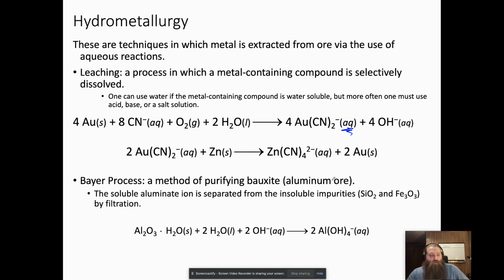Now, this involves something called a tailing pond. So what they do is they take these big concrete slabs. So this is concrete, and they pile up the ore on it. All right, so let's see if we can draw this here. So here's our ore, and they're going to take a hose.